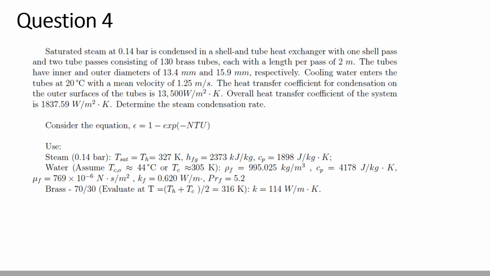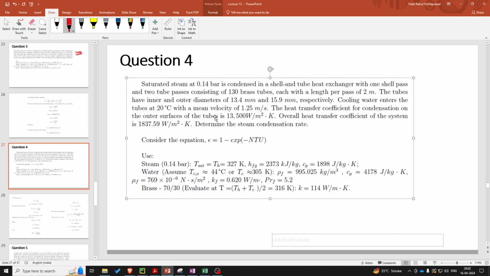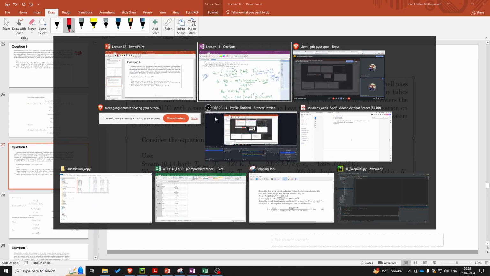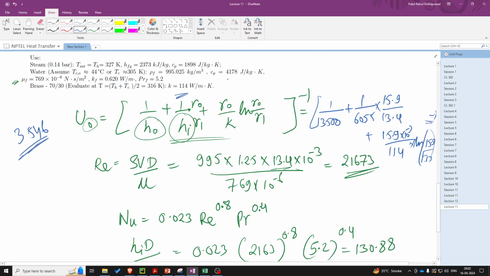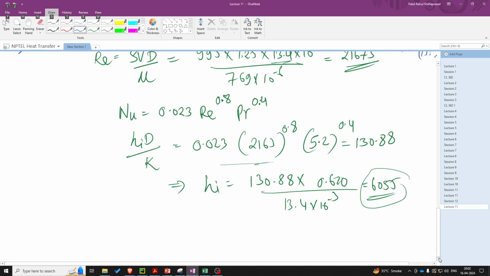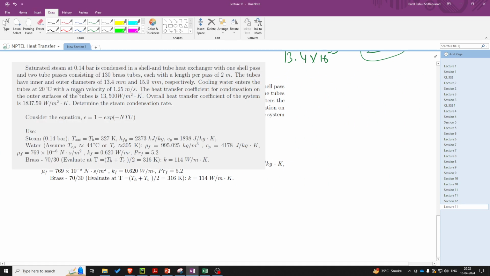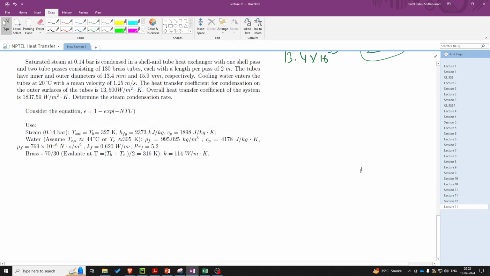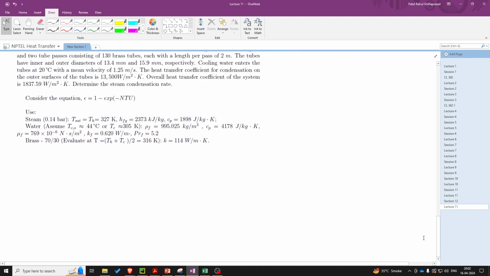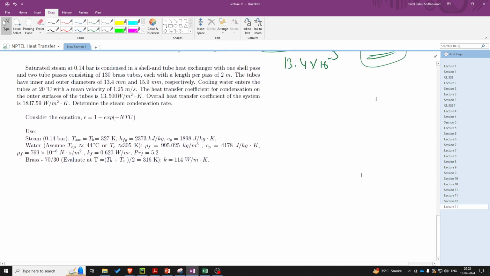So in this question, we have been given a shell and tube heat exchanger, and for the given parameters, we have been asked to find the steam condensation rate. So we can write the heat balance due to condensation.